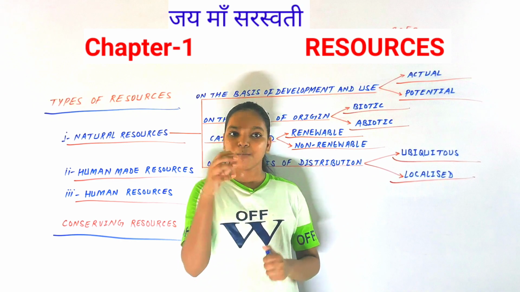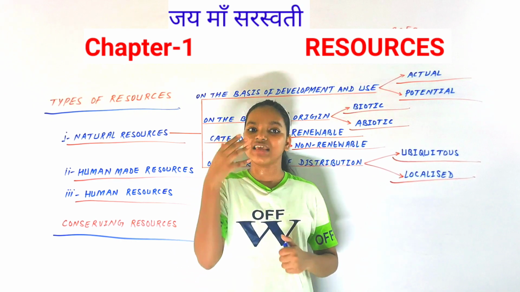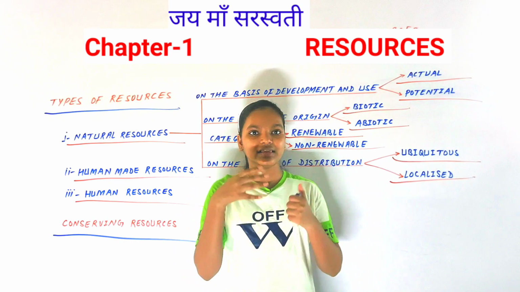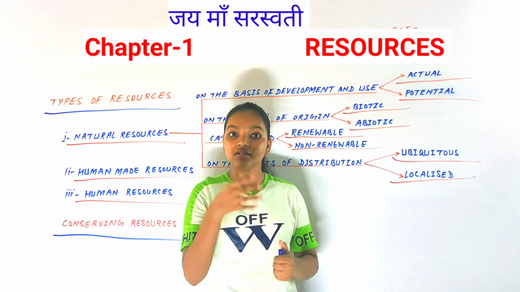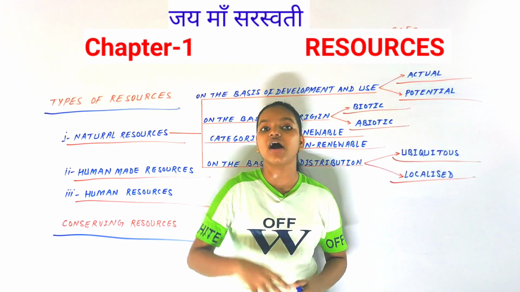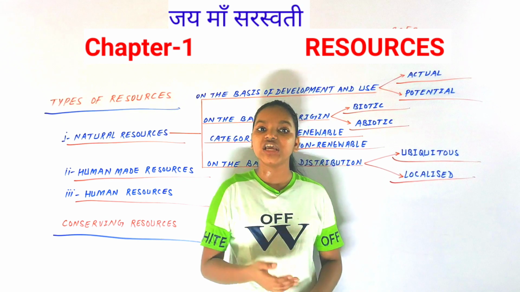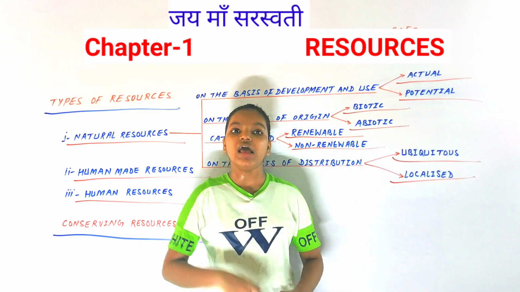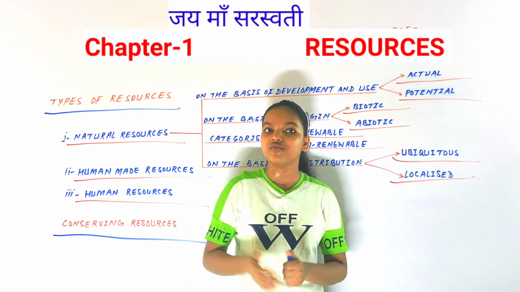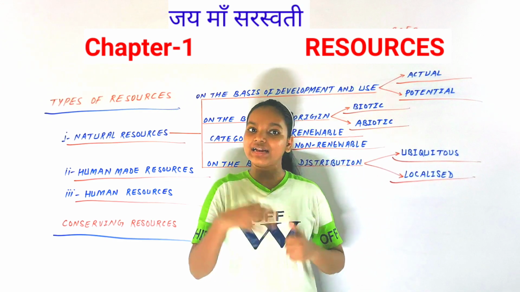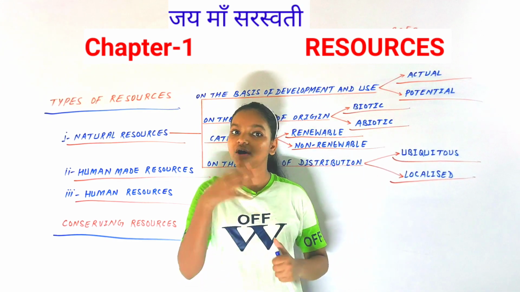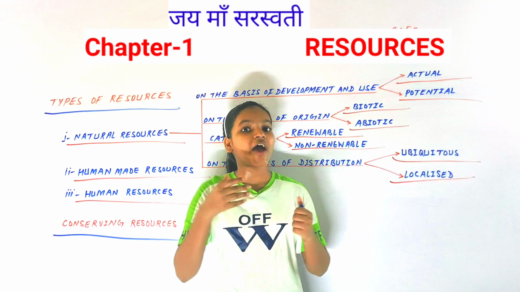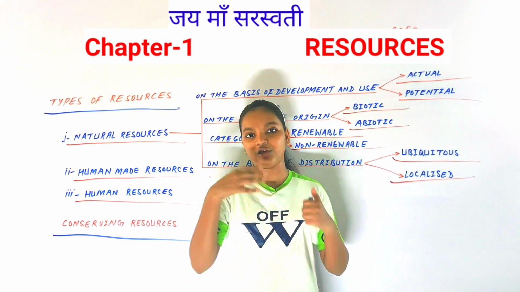And there are some points of sustainable development. For example, we have to conserve the earth, we have to conserve our environment, and we have to change our personal attitude and practices towards the environment. We have to respect and take care of all forms of life on the earth. We have to improve the quality of human life.